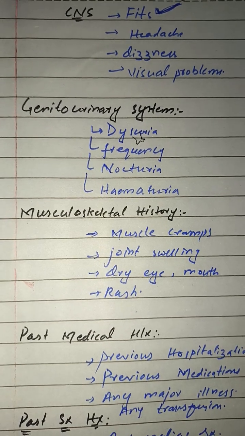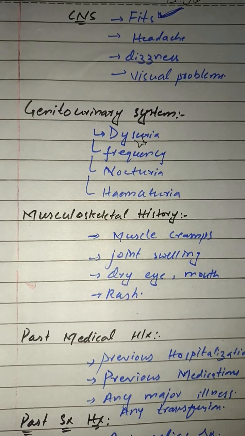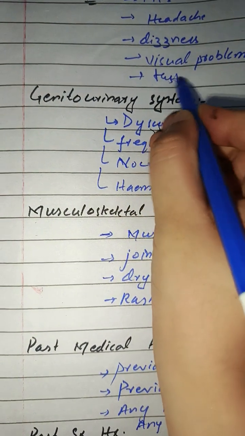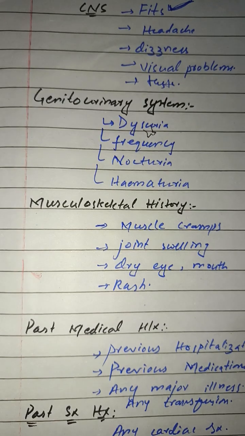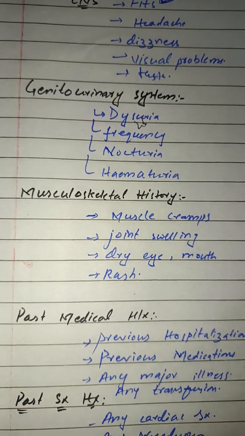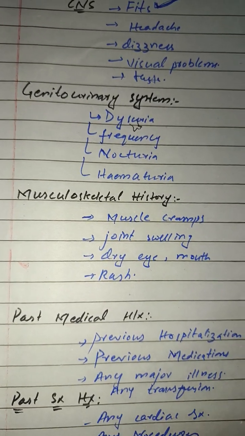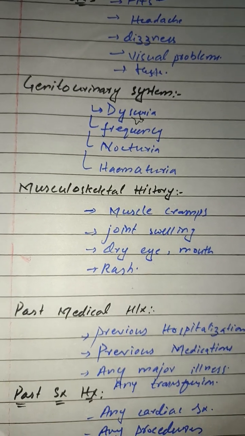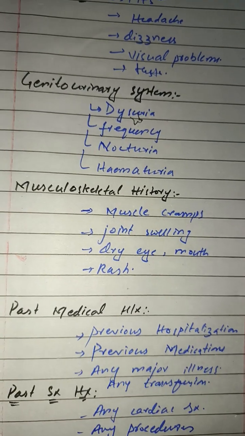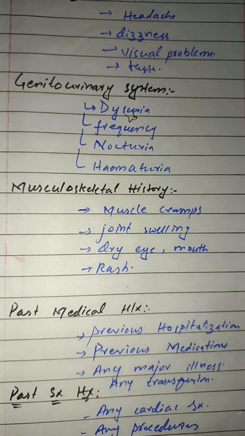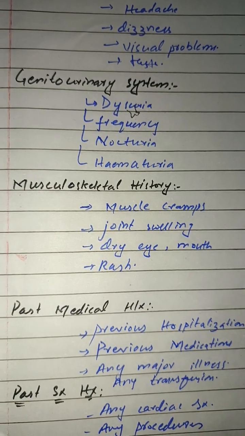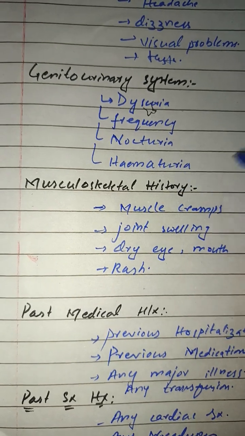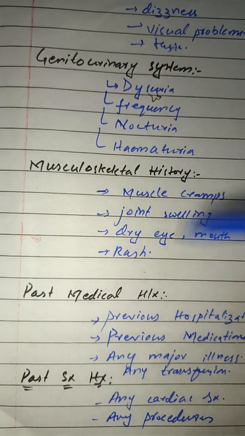Then we have to ask about headache, dizziness and visual problems. For the urinary system, we have to ask about dysuria, which is painful urination, frequency, and nocturia, which is more frequent urination at night. Hematuria, blood in urine, we have to rule out hematuria.